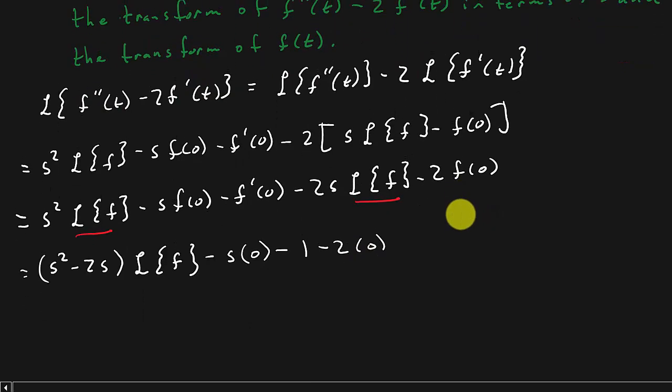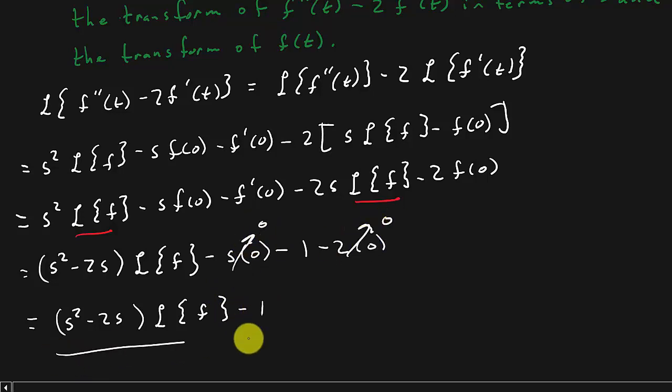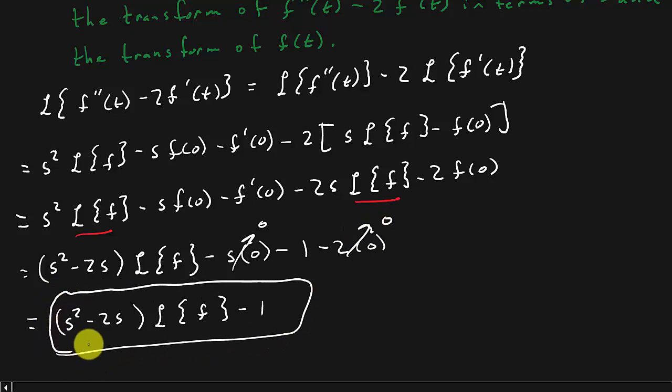And so this is going to give me s squared minus 2s times Laplace transform of f minus 1, because see, both of those are 0, and that's how they want you to write it. Okay, and so that would be your answer.